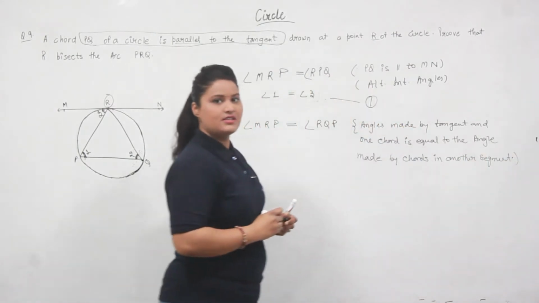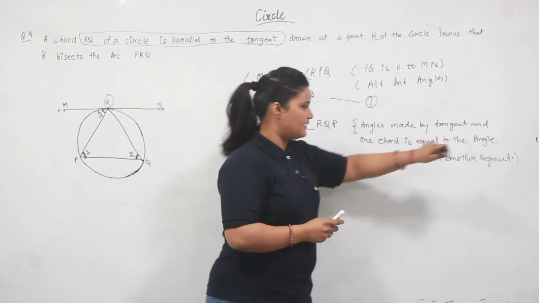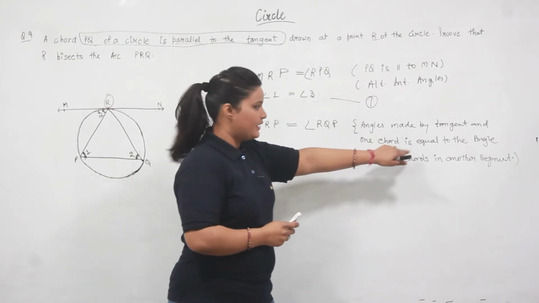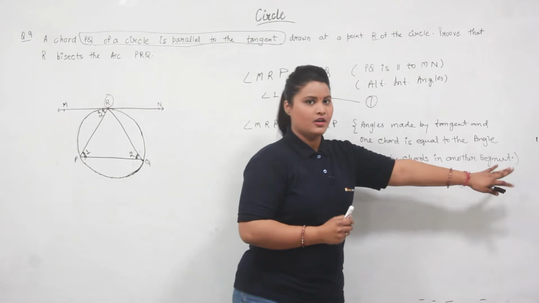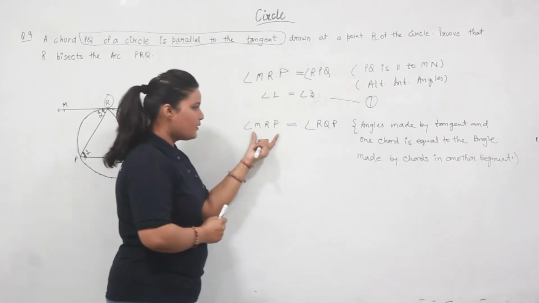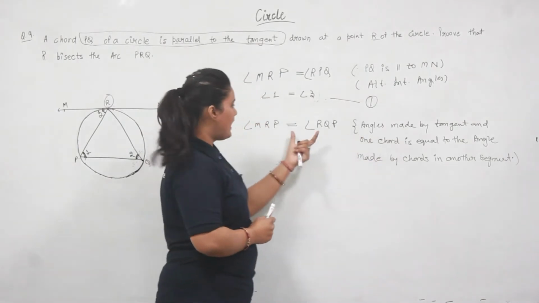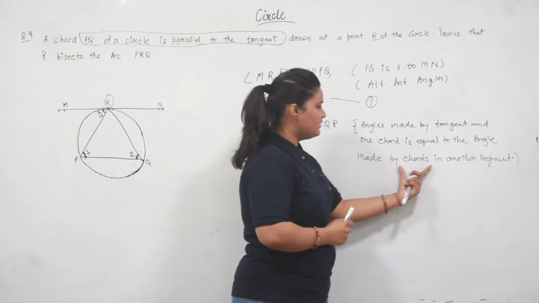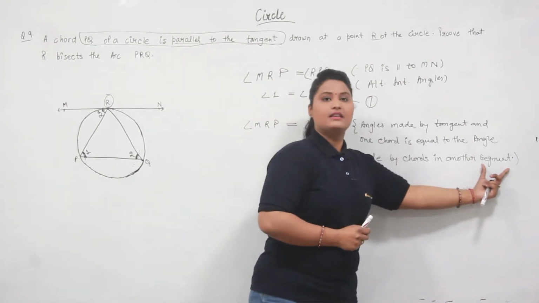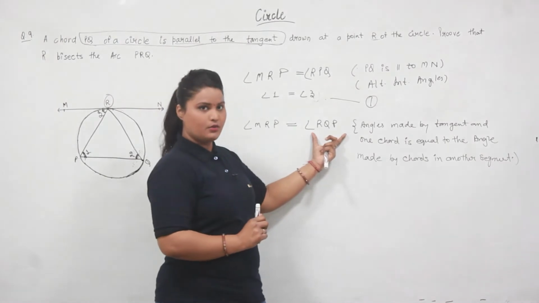Clear? So this you have to remember: the angle made by the tangent and one chord is equal to the angle made by the chords in another segment. So here angle MRP is the angle made by the tangent and the chord, and it will be equal to the angle RQP, which is the angle made by the chords in another segment. Clear? So these two angles will be equal to each other.